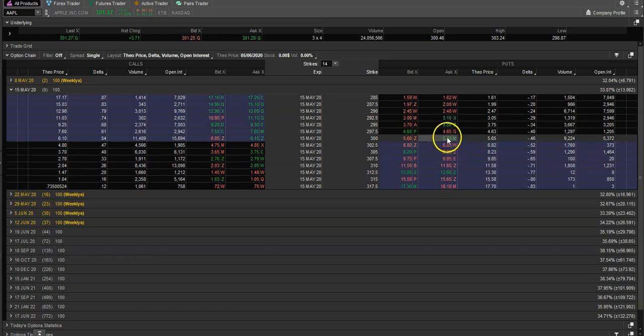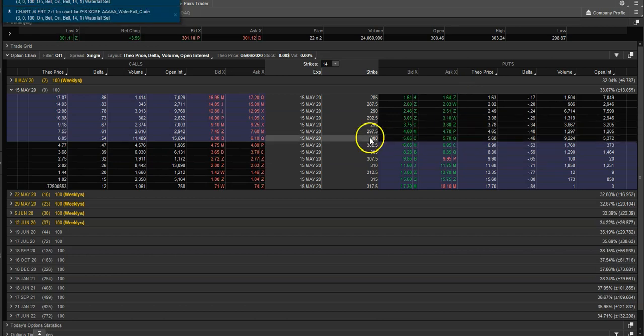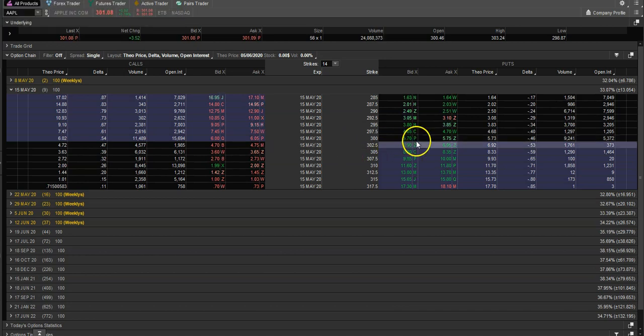Now, the easiest way: take your strike price and, on the downside, subtract whatever you pay for the put. So 300 minus 5.75, your break even on the downside would be 294.25.